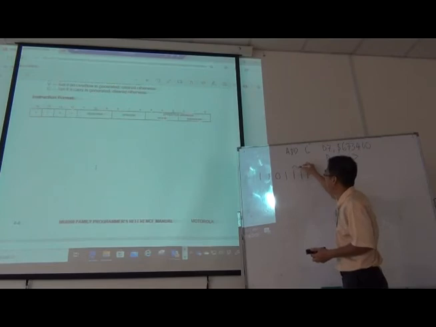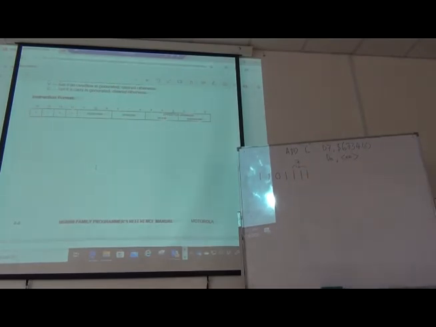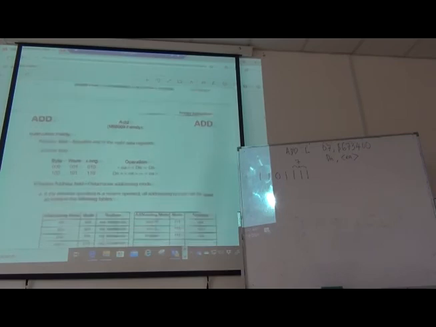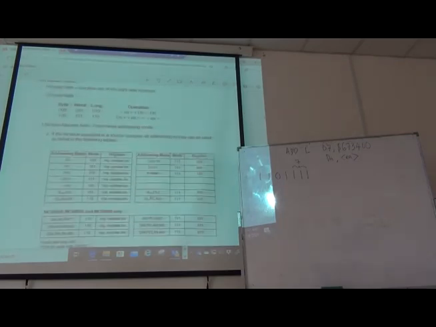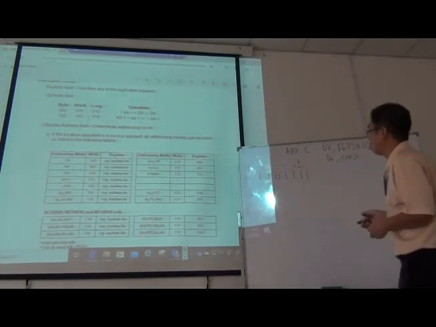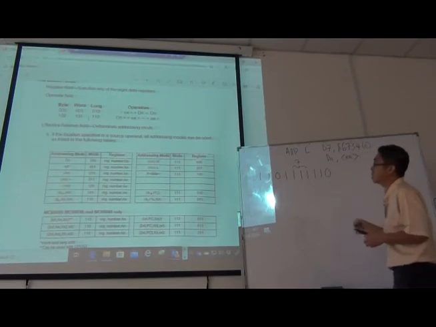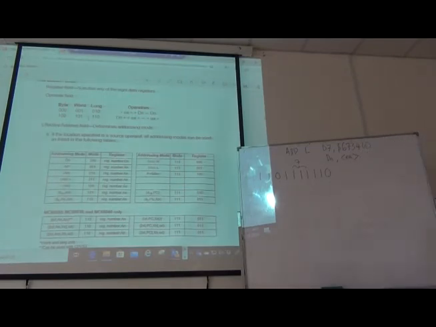This is equivalent to 7. And then the next one is the op mode. For the op mode, you are going to look at the operation field for this one. We are going to take the second pattern, and the long word will be 110. The op mode will be 110.